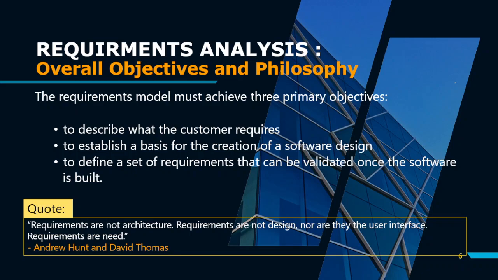And third, it should set a few requirements that can validate the software. After you develop the software, you can validate it with the help of these models. Those are the primary objectives of requirements analysis.